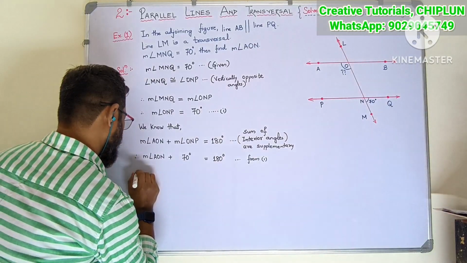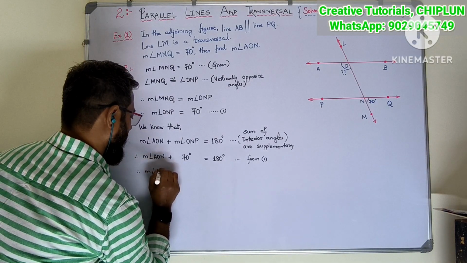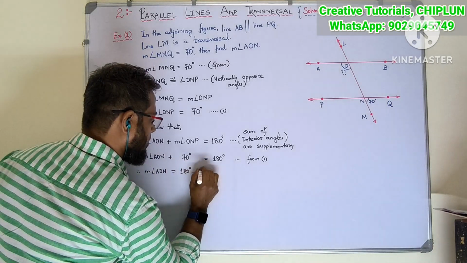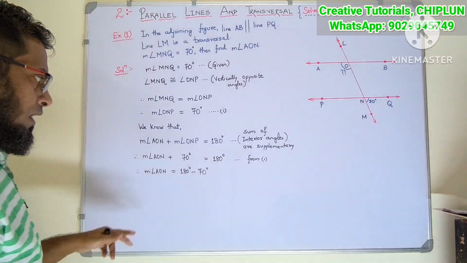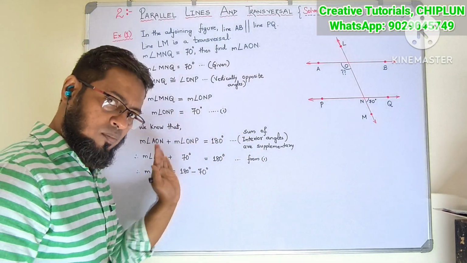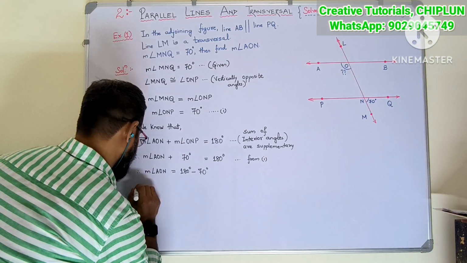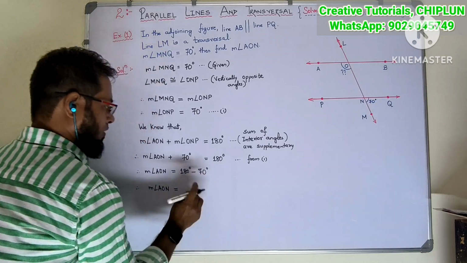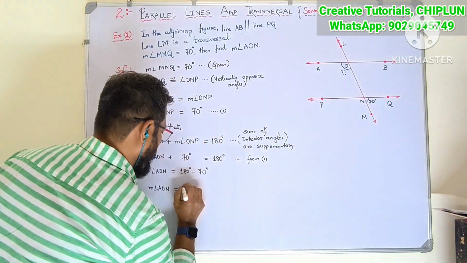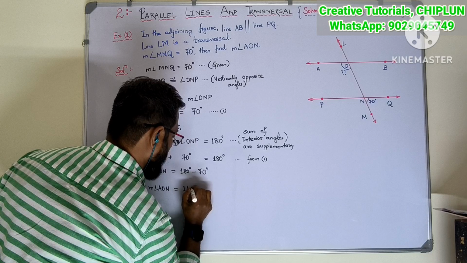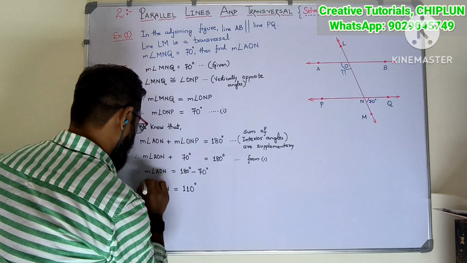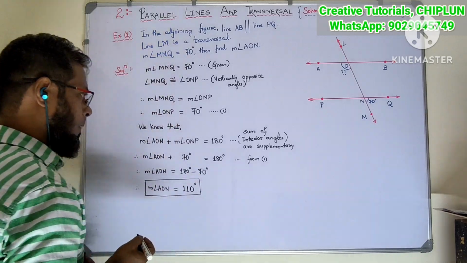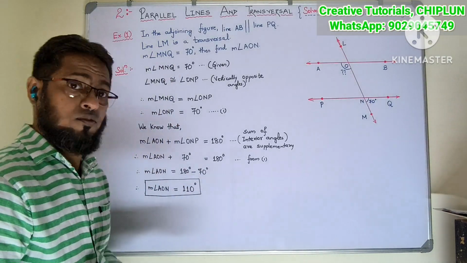Okay, therefore measure angle AON is equal to 180 degrees minus 70 degrees. This 70 is going on that side, so this will become minus. Therefore measure angle AON is equal to 180 minus 70 is 110, correct? So we get 110 degrees, and this is nothing but our final answer.